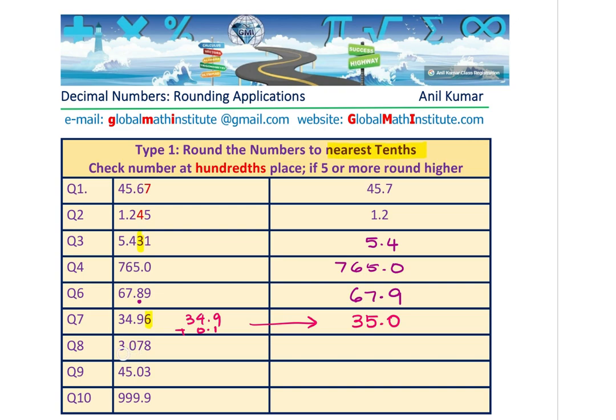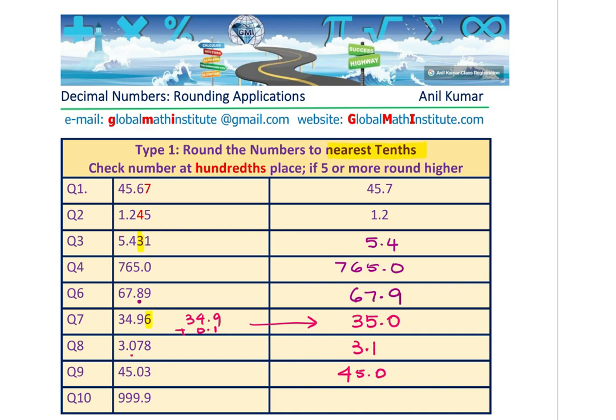Let's continue. Rounding 3.078 to tens place means you are looking at 3 point something, and that place will be now one more than given because 7 is in hundredths place. So it will be 3.1, correct? Next number, 45.03. Now 3 is smaller than 5, and therefore the number will be 45.0.